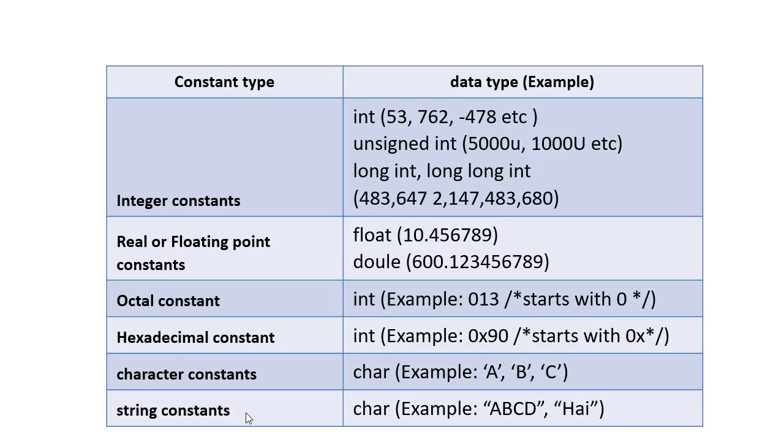Then string constant is a sequence of alphabets, symbols, or characters, for example ABCD or HAI. Strings are written in a double quote and characters are written in a single quote.